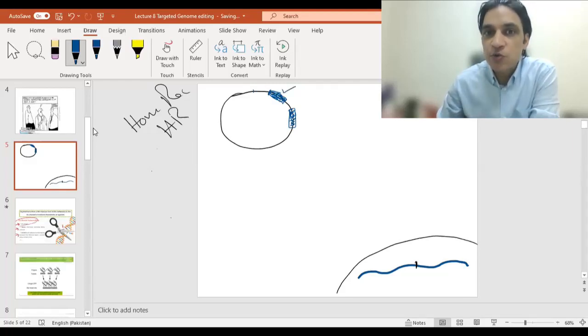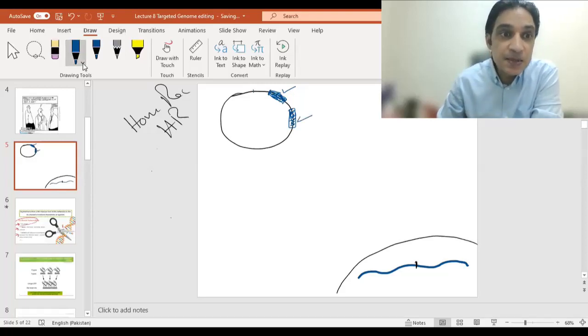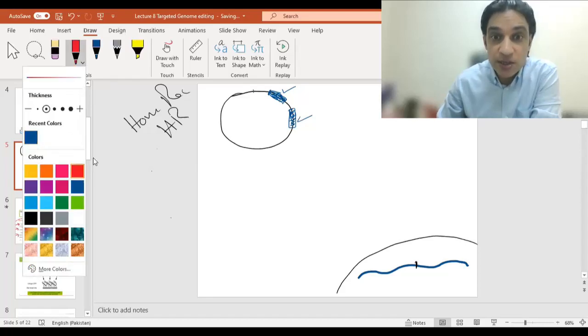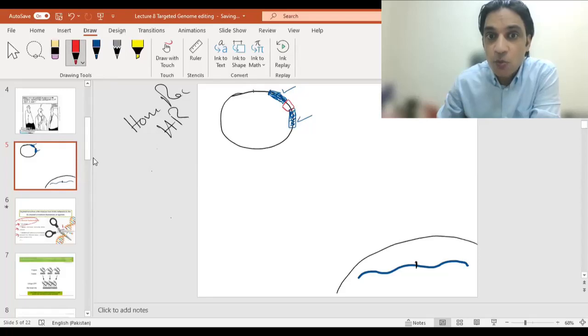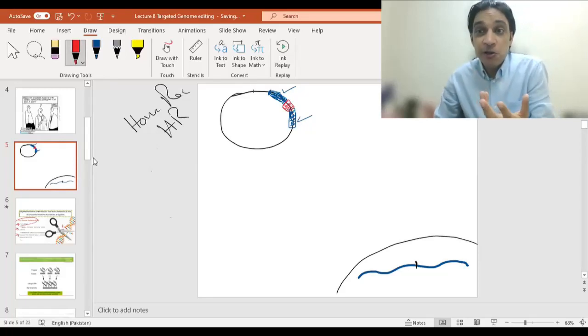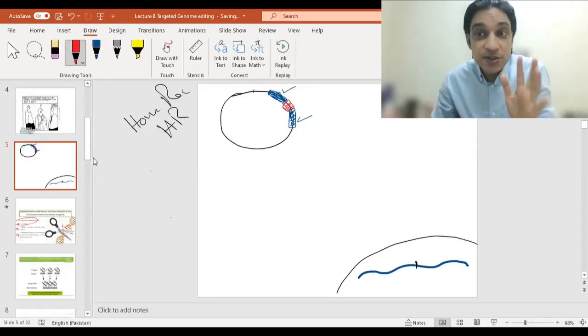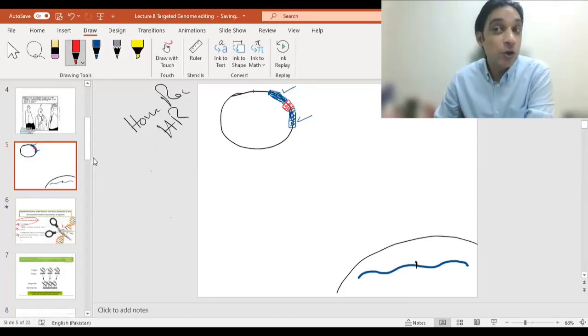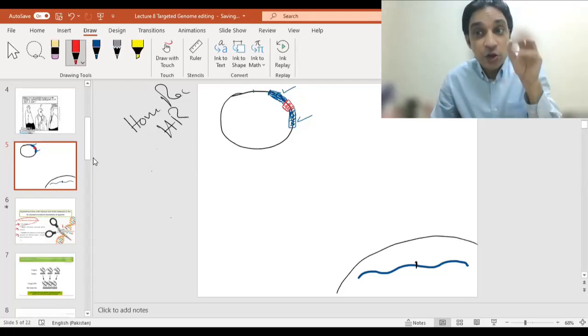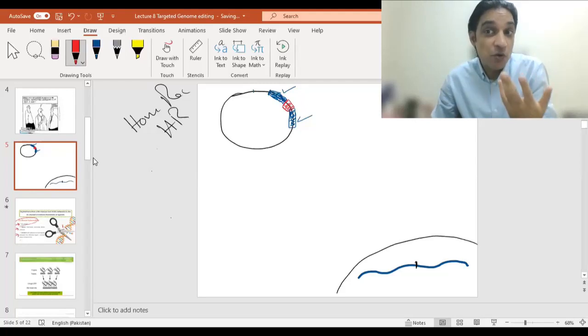This is the one homologous fragment of the DNA. This is another homologous fragment of the DNA. And we place the gene of our choice, which we want to send, inside these two homologous arms. So this is the new gene we want to send into a host's genome. And we also want that this gene should land and should incorporate at the place of our own choice.